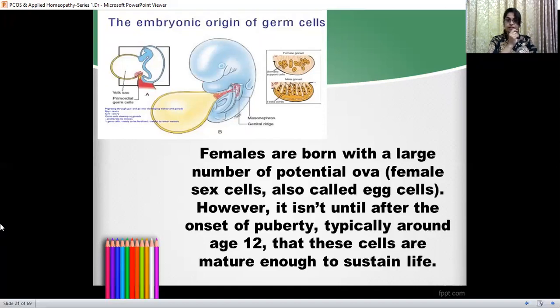Females are born with a large number of potential ova, female sex cells, also called egg cells. However, it isn't until after the onset of puberty, typically around the age of 12, that these cells are mature enough to sustain life. So after the age of 12, at puberty, the primordial germ cells of the ovary get activated and ovulation begins.